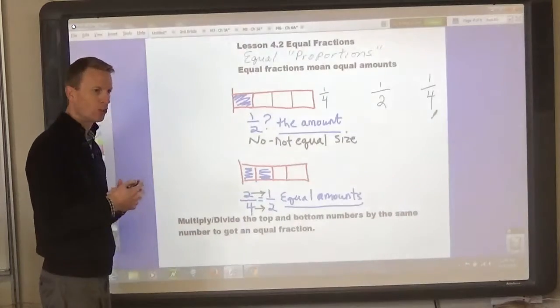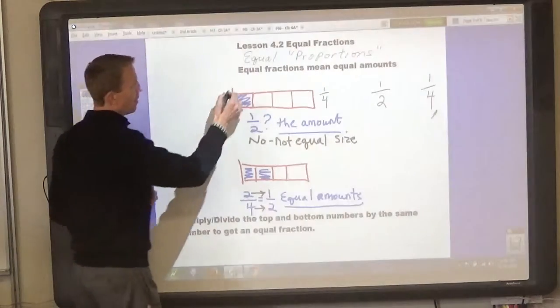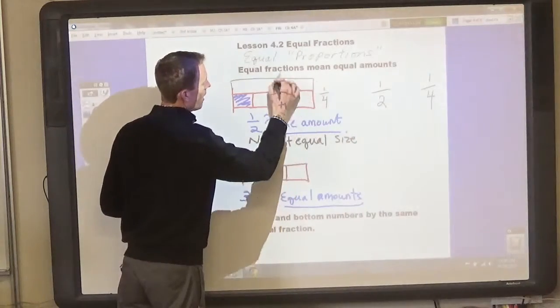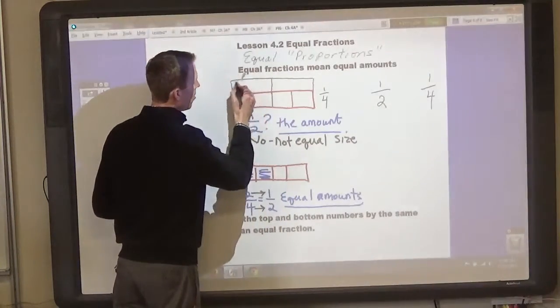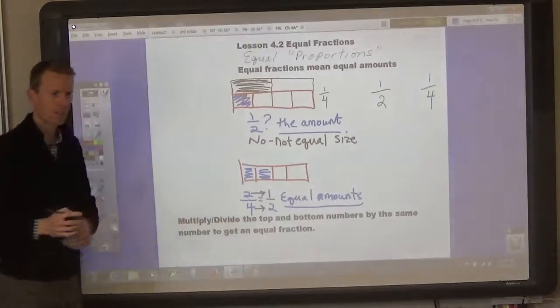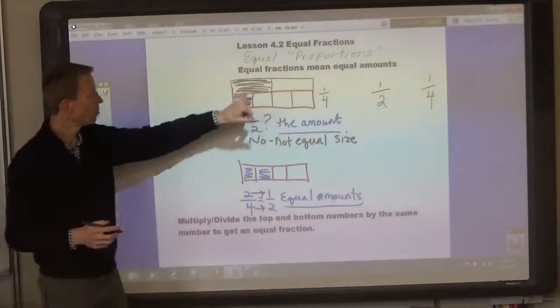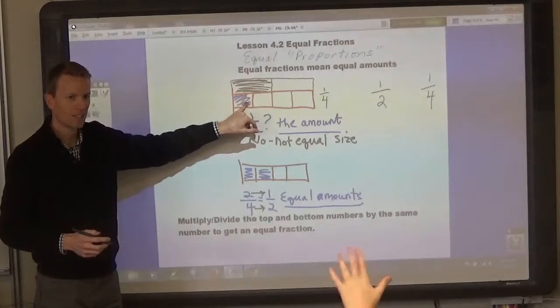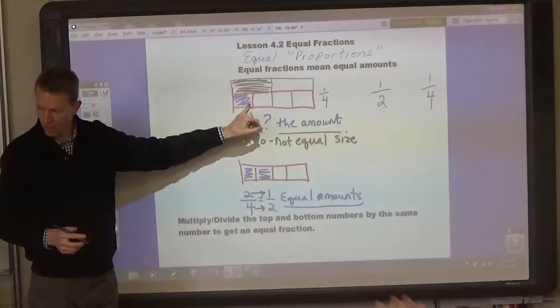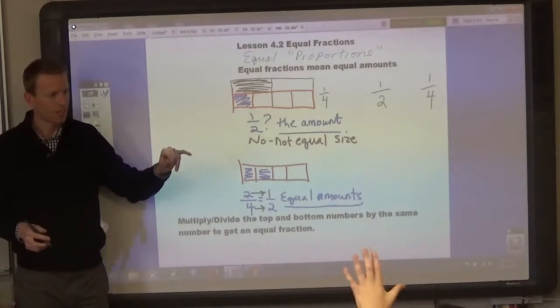So if we were to draw out a half, it would look like this, right? So this is a half, and this is a fourth. What's the difference between these? They're both one piece. What's different about them? Zoe?